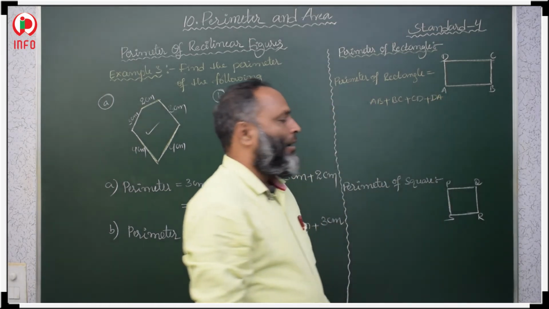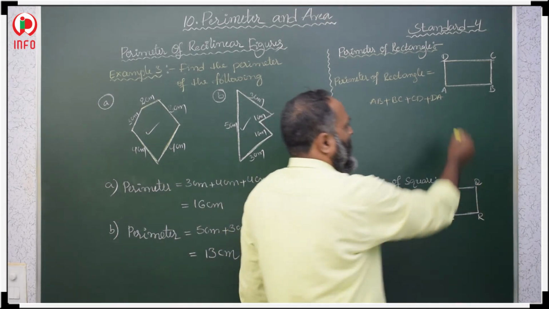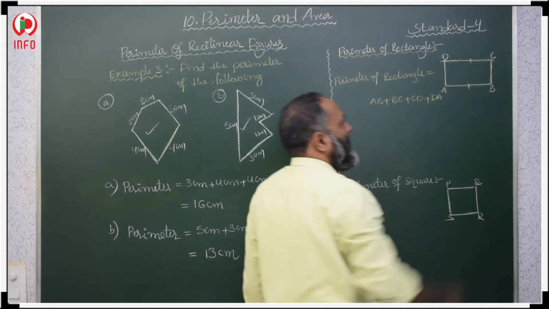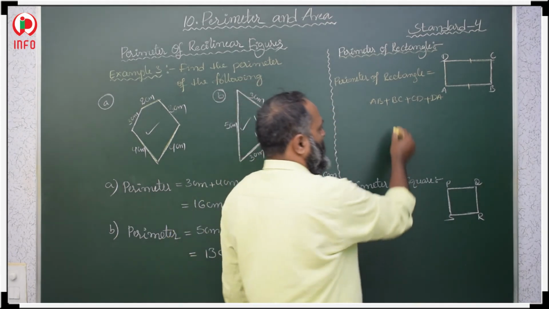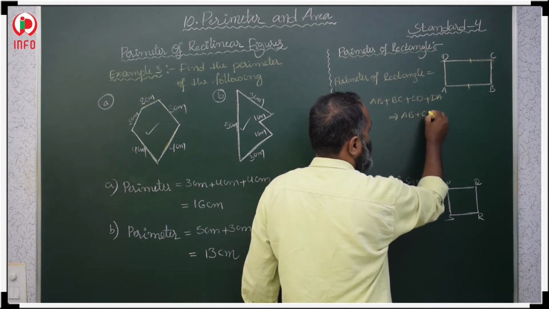Here in a rectangle, opposite sides are parallel and equal, which means AB length is equal to CD length. So we take AB as it is plus BC as it is.